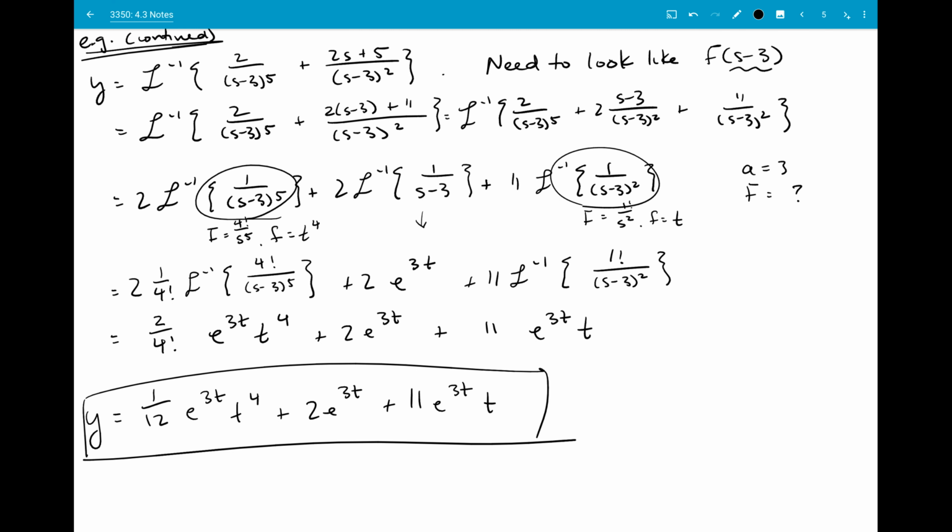The ones with higher powers, 1 over s minus 3 to the fifth and 1 over s minus 3 squared, those were where we had to use our new property. So we identified which power we were looking at to figure out what our little f would be, and what should be in the numerator of our capital F. And then we tried to make what's inside the curly brackets look exactly like something from our old Laplace transform table, just with s minus 3 instead of s to the fifth.